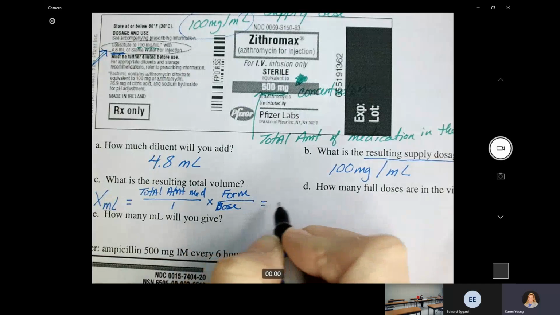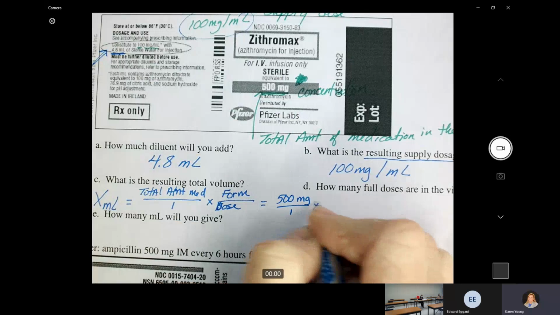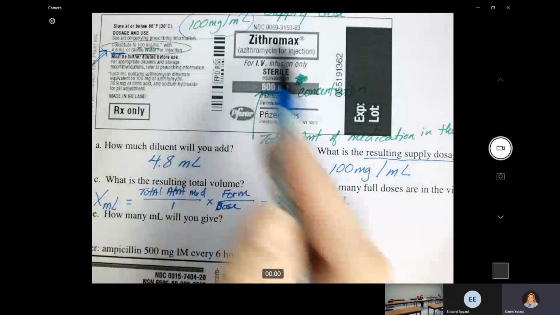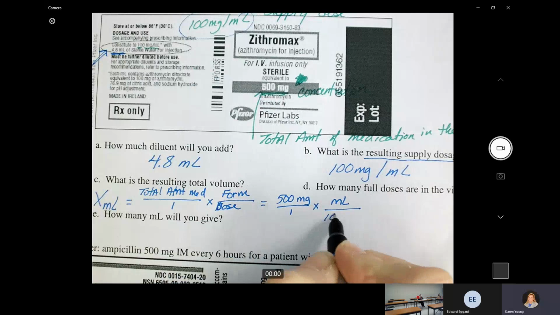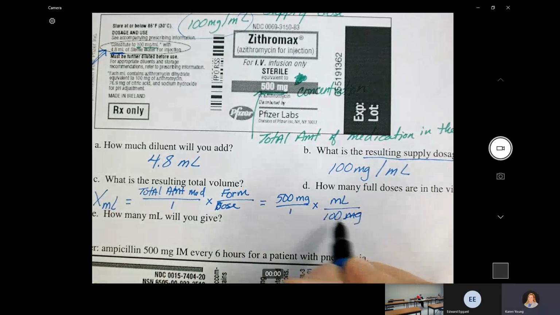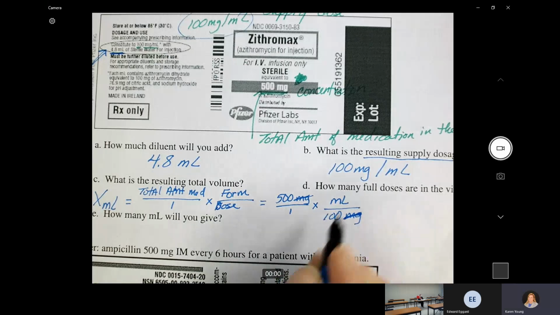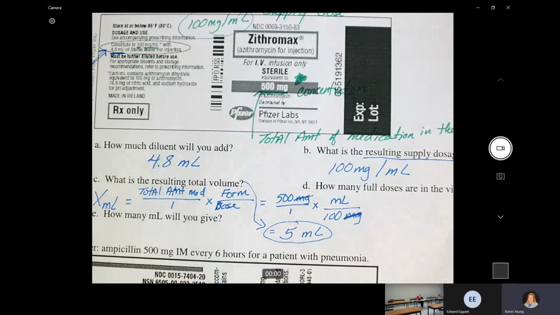So medication is the 500 milligrams. My form is per 1 milliliter, and it's 100 milligrams per milliliter, so my dose is 100 milligrams. Then my milligrams cancel. I've got 2 zeros on top, 2 zeros on bottom. They cancel and that leaves me with 5 over 1. Or most of y'all can do 500 divided by 100. I'm going to end up with 5 milliliters. So my total volume is 5 milliliters.